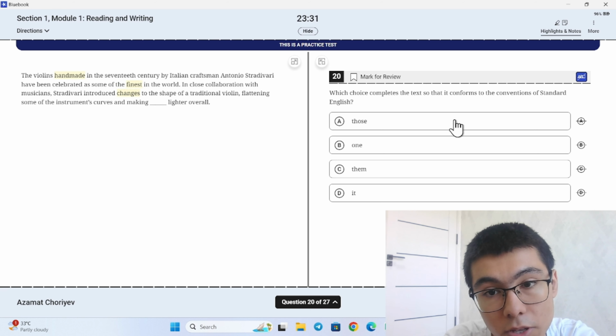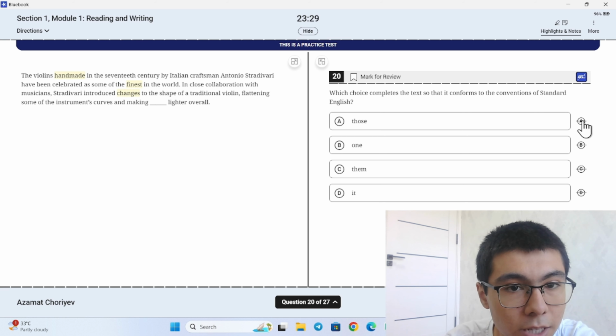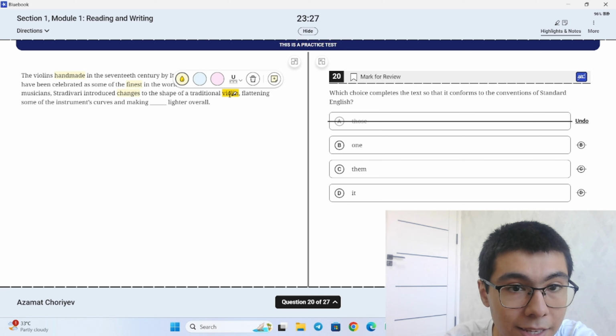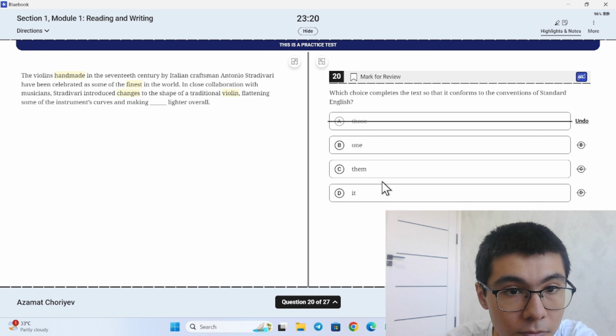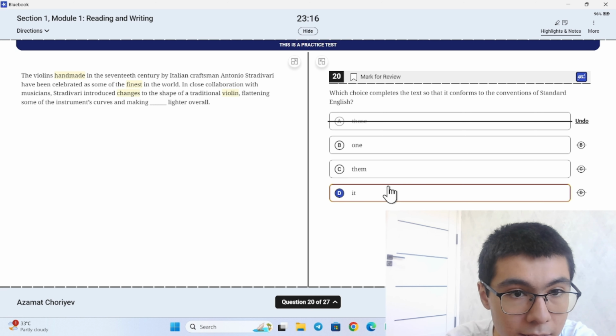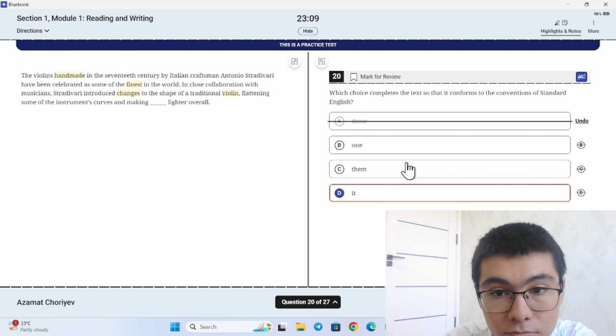So I know that those will not be correct because it's talking about violin. Yes, it will be it. Why? Because here we have violin singular.